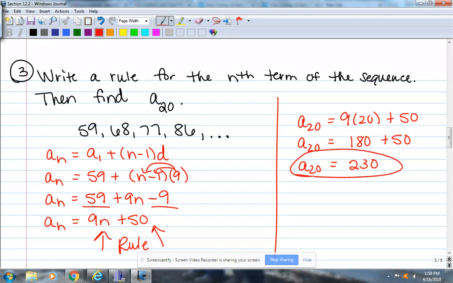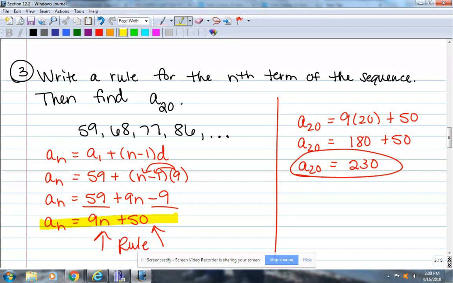So my 20th term will be 230. So here's my rule that I got by plugging in my a sub 1 and my d. And then I figured out that rule, and then I wanted to find the 20th term, so I just put 20 in for n. Okay? Very good. Any questions on those?